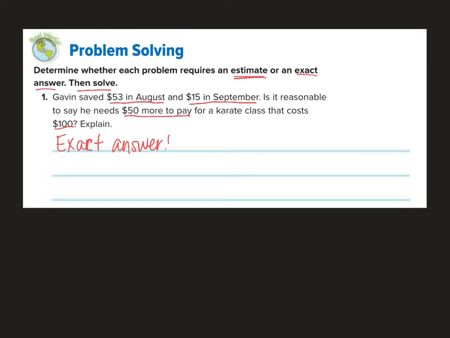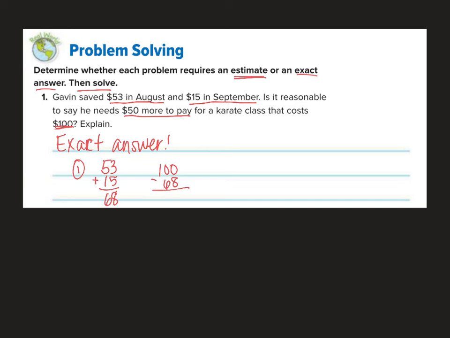Okay, so $53 in August, $15 in September, and he has a karate class that's $100. So first step, let's see how much he has saved so far. I'm going to take 53 and add it to 15 to get 68. So they said he needs 100 total. Is it reasonable to say he needs $50 more to pay for a karate class? Well, I take 100 and see how much more money he needs to save: minus 68.